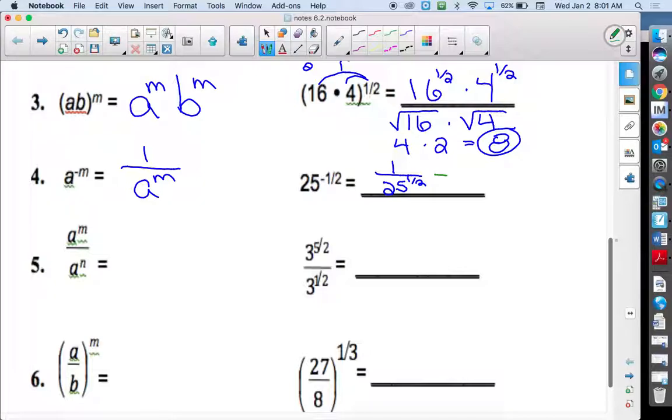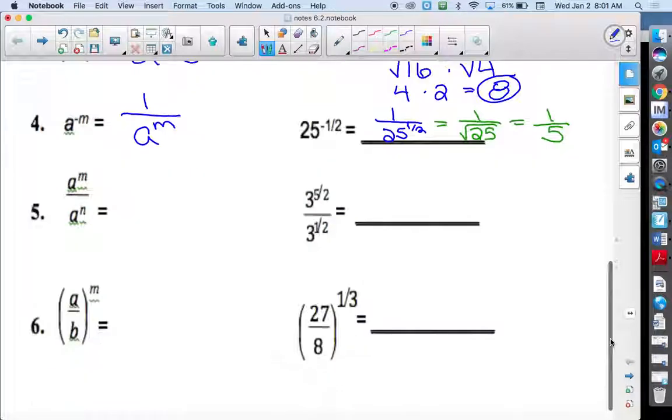And then if it's a square root, because it was a power of 1/2, we now have 1 over the square root of 25, or 1/5. So negative exponent takes it to the denominator, the fraction makes it the square root, and then you're evaluating it.